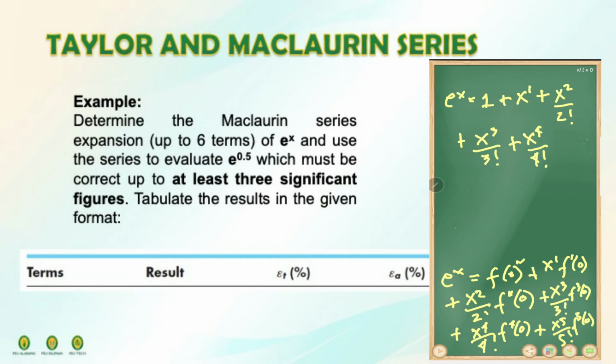F prime of 0 is equal to 1. And then finally, plus x to the fifth power over 5 factorial multiplied by 1, which is x to the fifth over 5 factorial. So this is, of course, the Maclaurin representation of e raised to the x power.